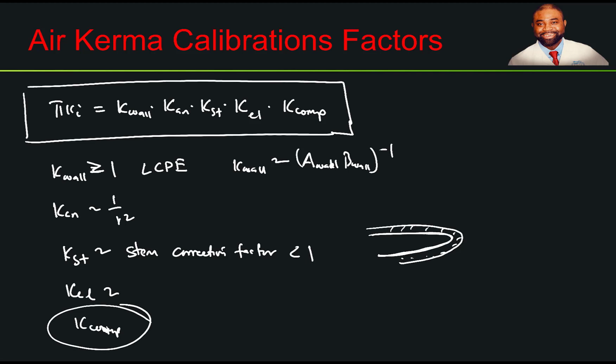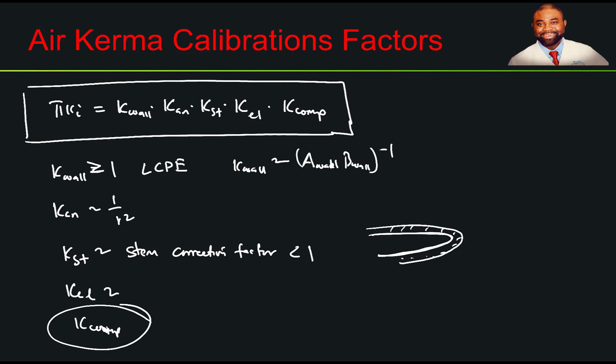So there are several factors that really must be considered to ensure that the exposure is measured correctly. You have K-wall, K-n, K-stem, K-elect, and K-comp. K-comp corrects for build-up caps whose material is different from the walls of the chamber.